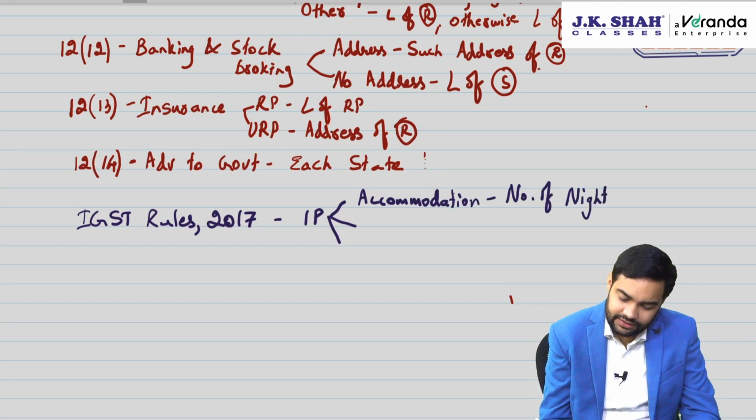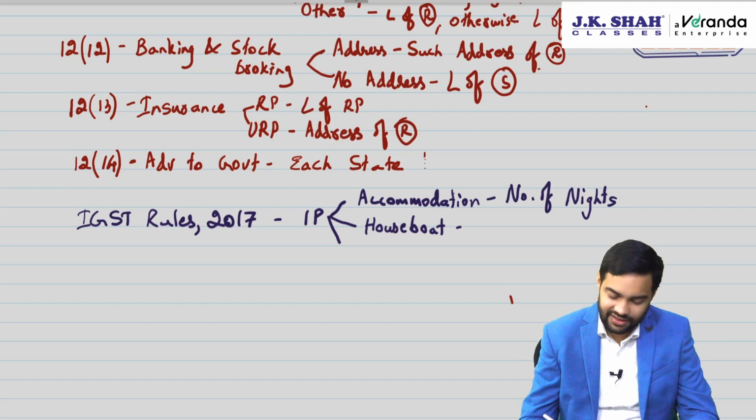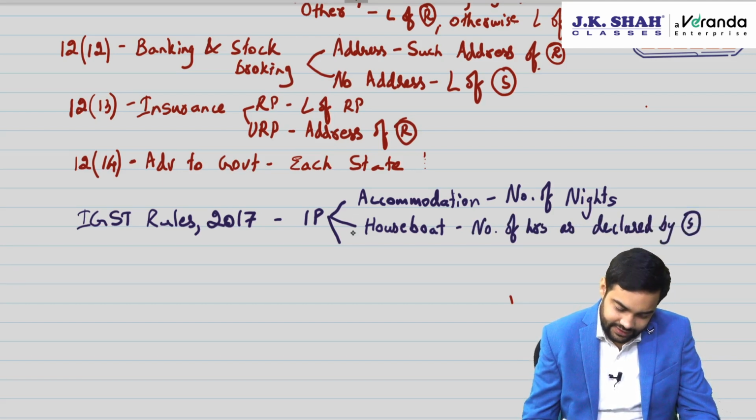If it is related to a houseboat, where the houseboat was near Kerala for 22 hours and 2 hours near Karnataka waters, then number of hours as declared by supplier. Then if any other case of immovable property, then try to divide it by area.